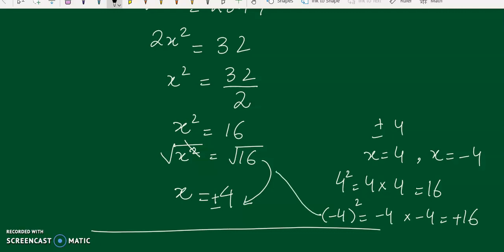Again we got 16. It means चाहे हम positive 4 का स्क्वायर लें या negative 4 का स्क्वायर लें, both of them is going to give us 16. So the answer is plus minus 4.